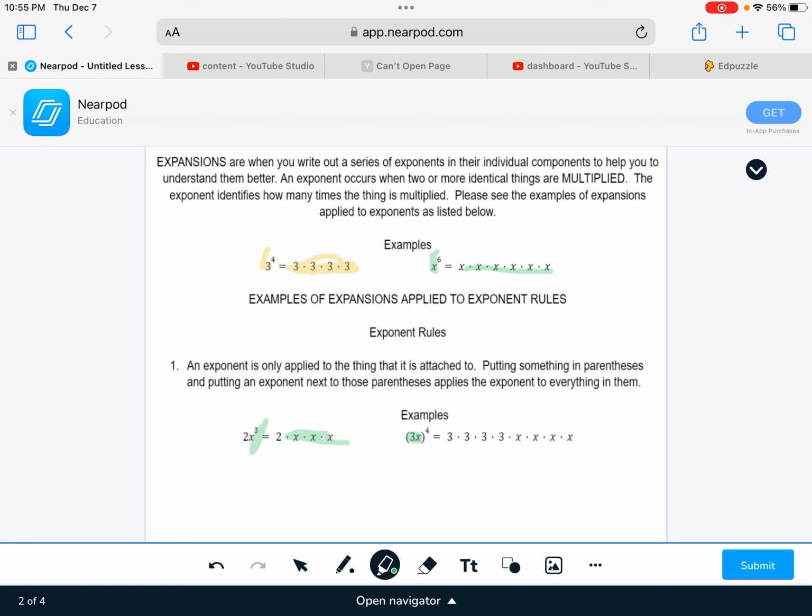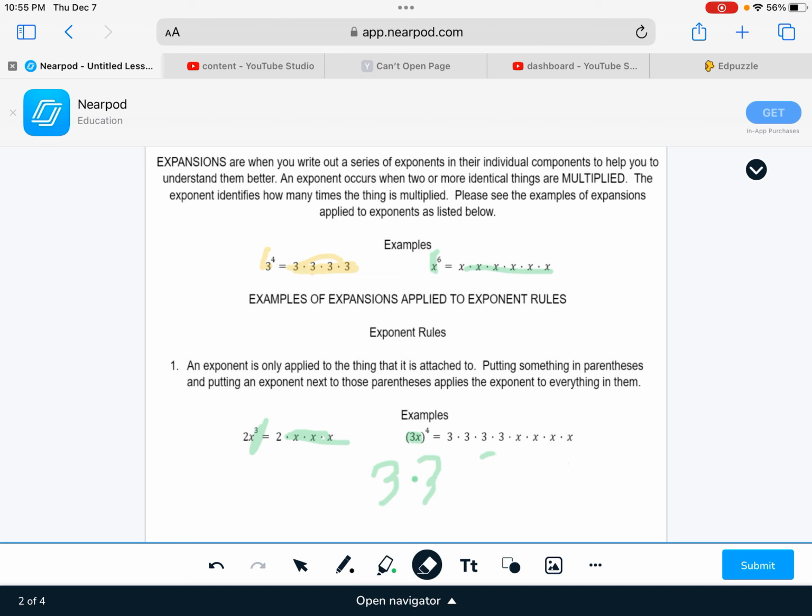Now, you can simplify that a little bit. If you think about 3 times 3 times 3 times 3, 3 times 3 is 9, times 3 is 27, times 3 again is 81. That's going to be what 3 to the 4th equals.